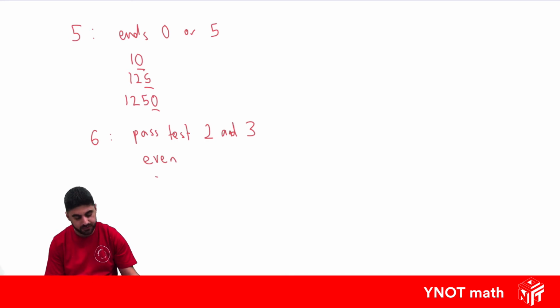So let's check 72. Well, 72 is even because it ends in a 2. And if we sum the digits of 72, so 7 plus 2 is 9, and 9 is divisible by 3, so it passes that test for 2 and 3, so the original number is divisible by 6.